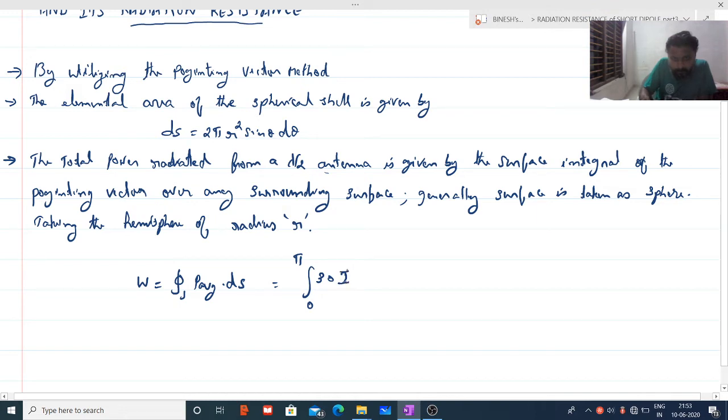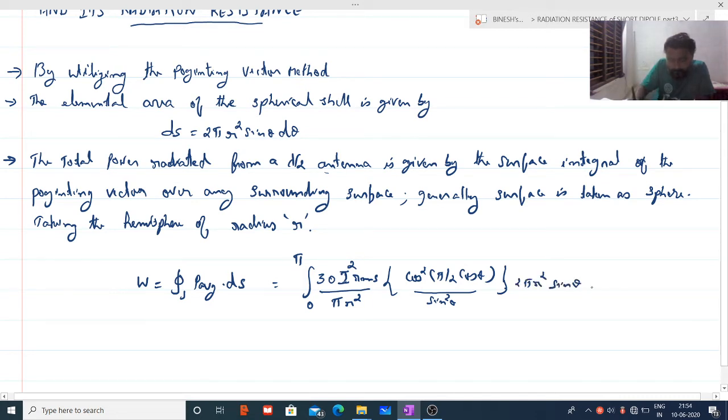You know the equation for P average, that is 30 I square RMS divided by pi r square into cos square of pi by 2 cos theta, because the whole is squared, divided by sin square theta, into ds, which is nothing but 2 pi r square sin theta d theta.